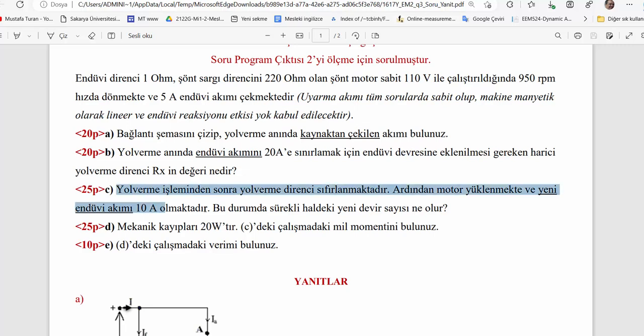So this question must be solved. It's a bit complicated, but I have limited time. I want to stop here because of limited time.